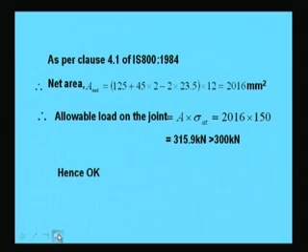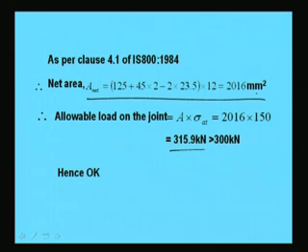So, the net area because of the rivet holes is 2016, and the allowable load is 315.9 kilonewton, which is more than 300 kilonewton. So, with gauge distance as 125 millimeter and edge distance as 45 millimeter, we can design the joint which will take care of 315.9 kilonewton load.